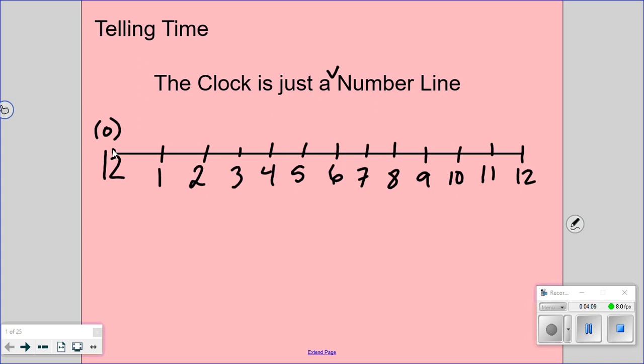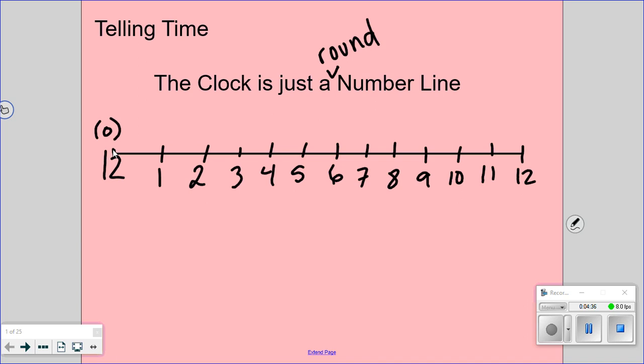The clock is not just a number line. It's a special number line because it's round. This is a number line stuck in a loop. It goes around till it gets to that ending number of 12 and then starts back over again. It's stuck on the same number line cycle.